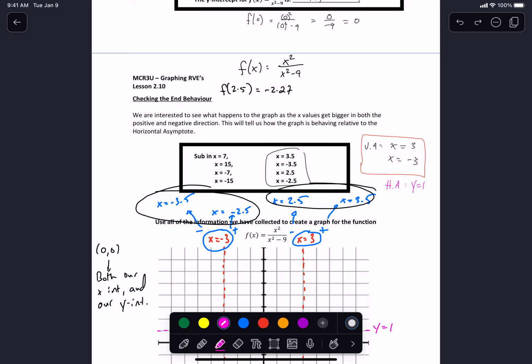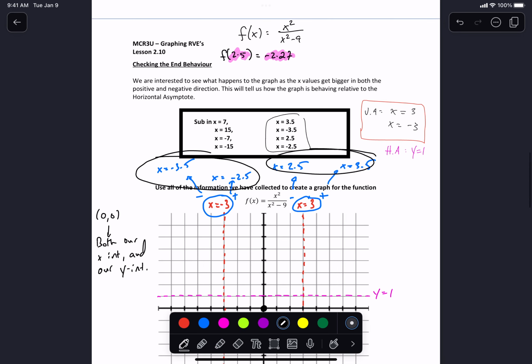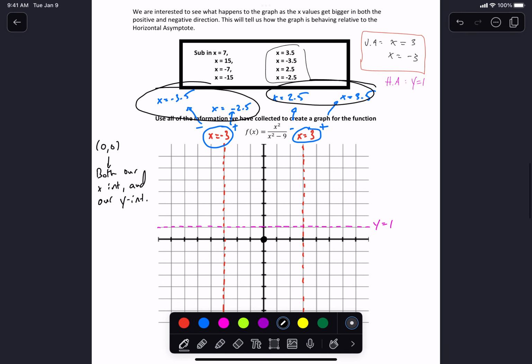This is a point, right? Everyone agree? 2.5 is my x value, and negative 2.27 is my y value. So I can go plot that. So go plot it. 2.5 and negative 2.27 is going to be down here somewhere.